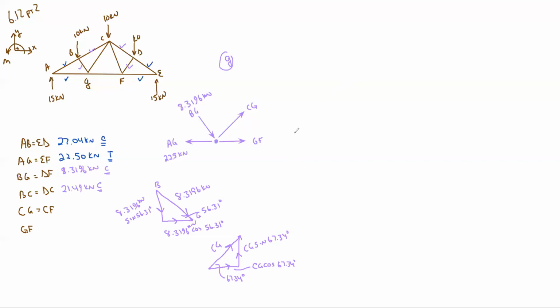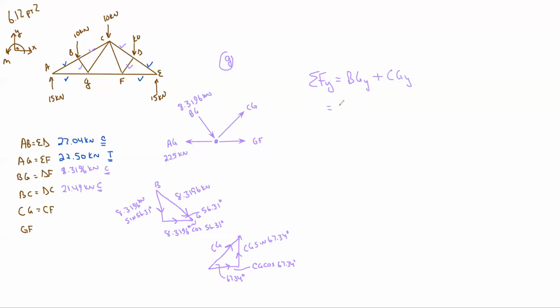I'm going to start in the Y direction, mainly because I have one known in the Y direction, that's BGY, and one unknown. BGY is going to be negative, and CGY is positive.